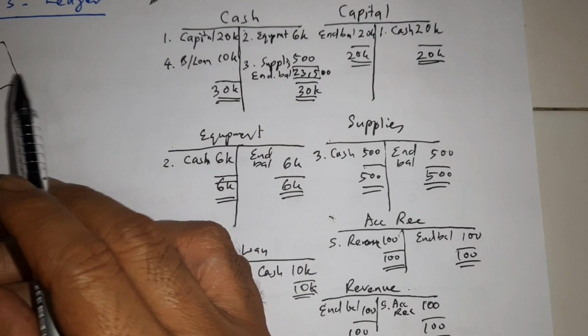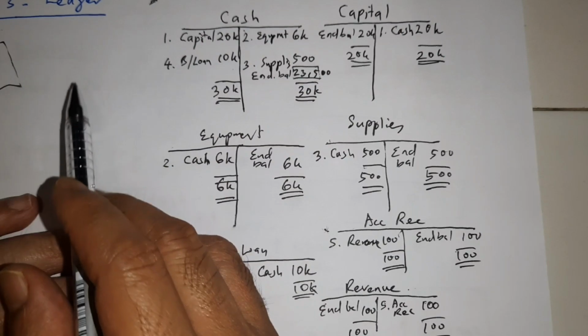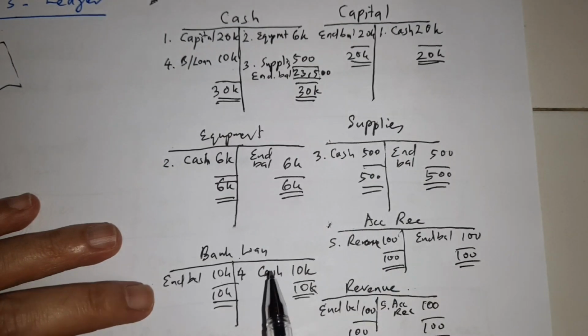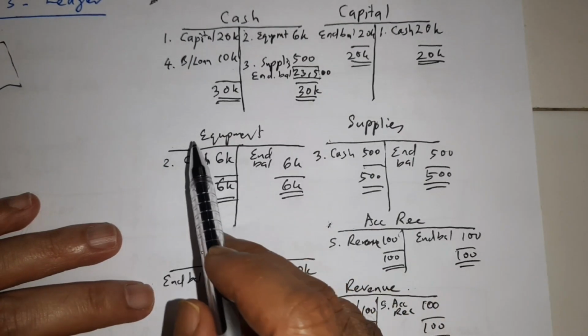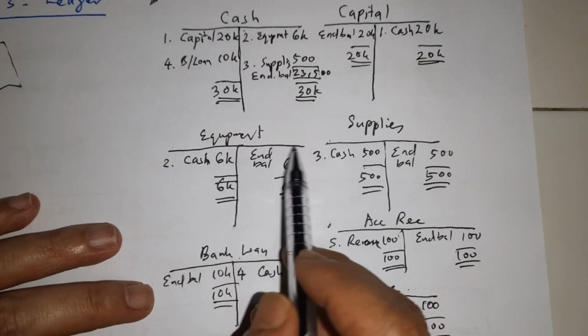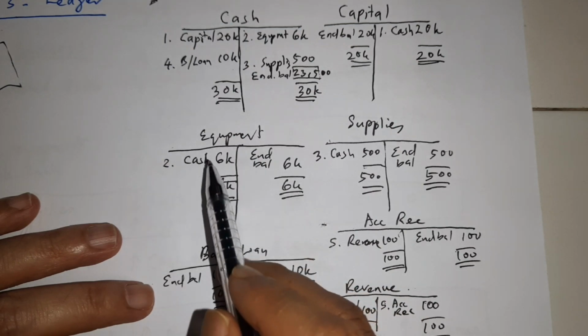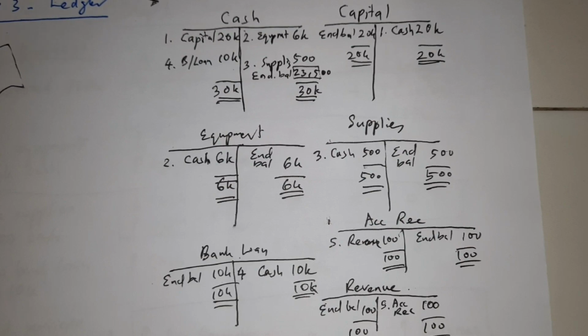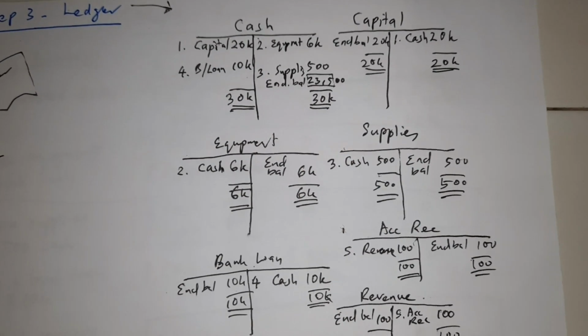Remember, ledger is another book that we use in accounting. Inside the ledger, there are many accounts. The accounts are called T accounts because the shape of the account is like a T. In the ledger, at the beginning page of the ledger, there is something called chart of account. The chart of account is like book contents.